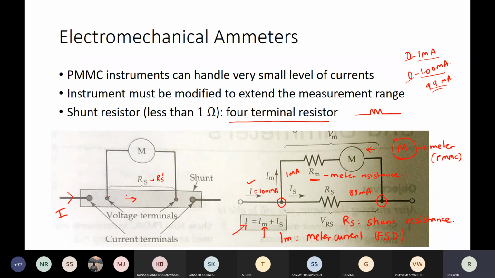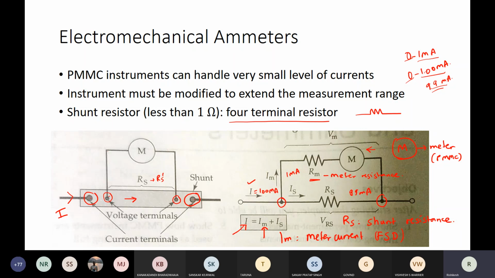Right? So to avoid this, the contact resistances are maintained at the current terminals, where even though there is a change in resistance in these contacts due to the flow of current, the resistance at the voltage terminals will not change.